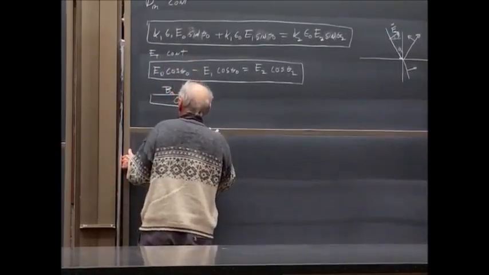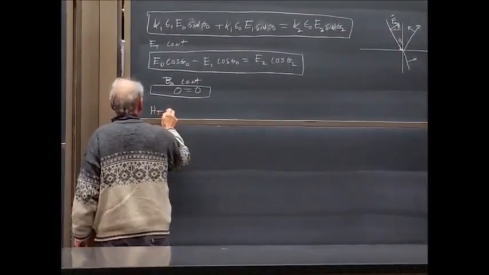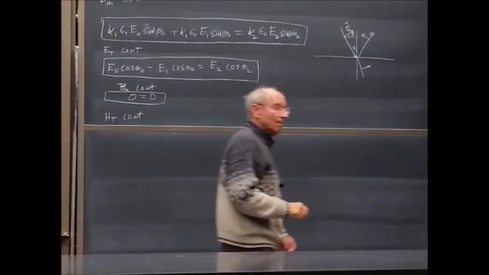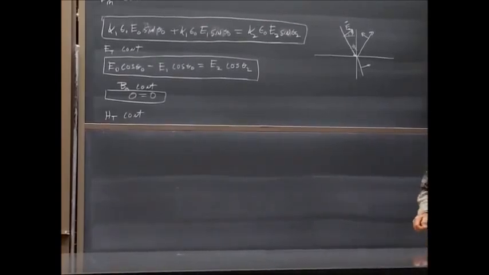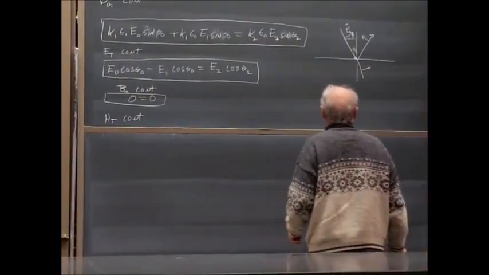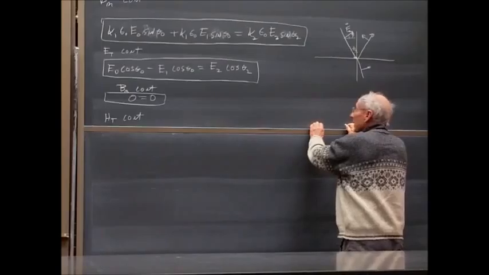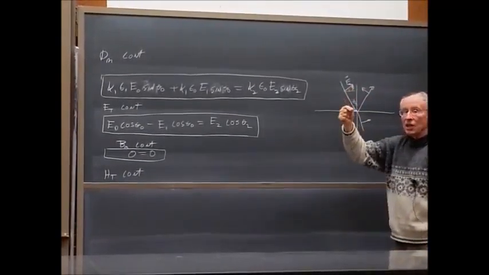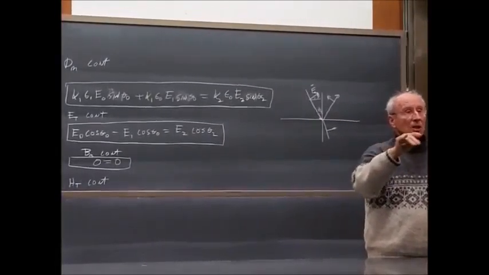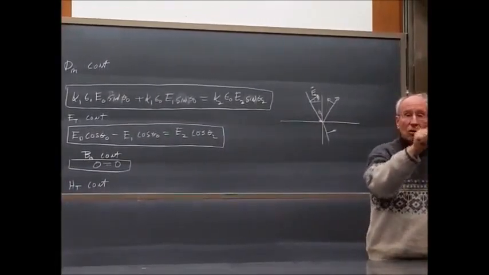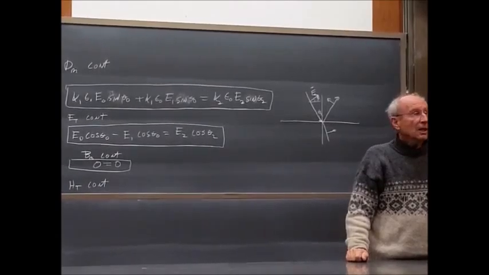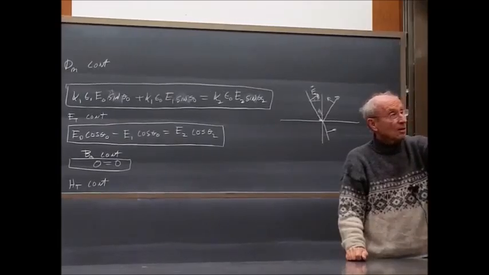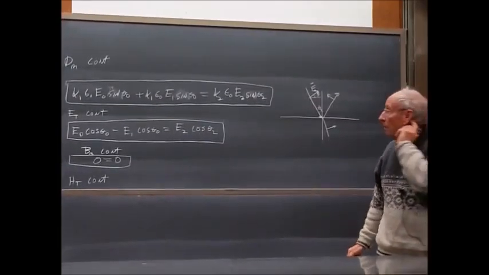And finally, we have H tangential continuous. Okay? Now, B is out of the board, and therefore H, which is B over mu, is also directed out of the board, and it's the entire H, because it's all lying parallel to the plane of the board.